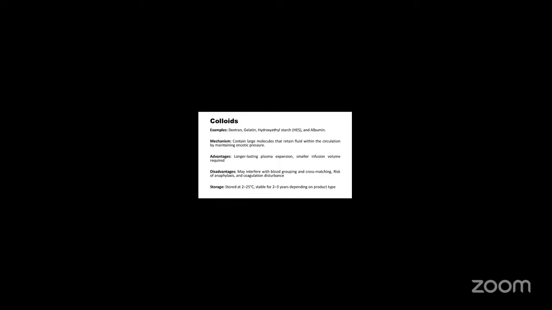Oncotic pressure actually is a form of osmotic pressure, where water moves from high concentration to low concentration. But in this case, what is being used as the membrane is the protein. For instance, albumin is used as the membrane in this case. So what this one does is that it causes water from other parts of the body to enter into the bloodstream so that there will be enough fluid within the circulatory system.